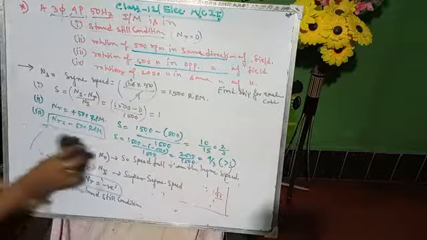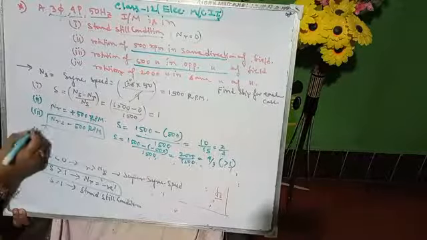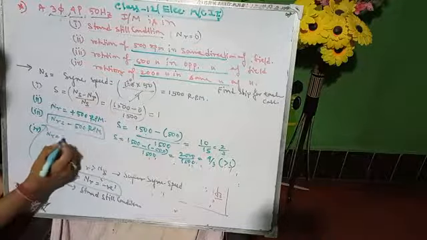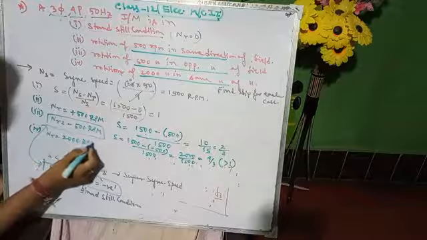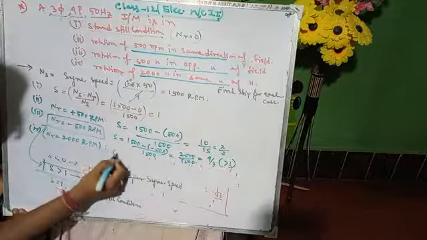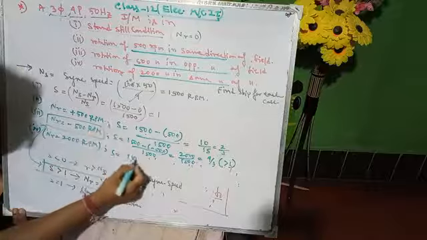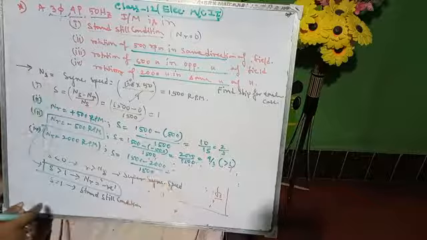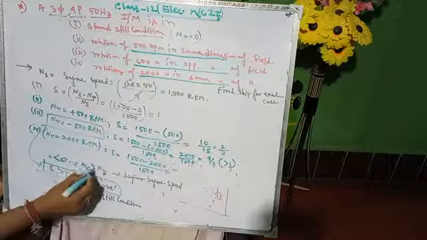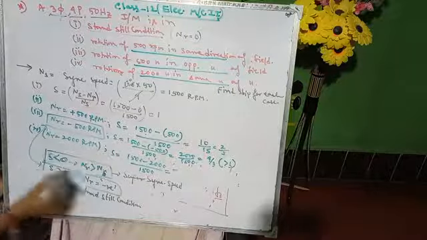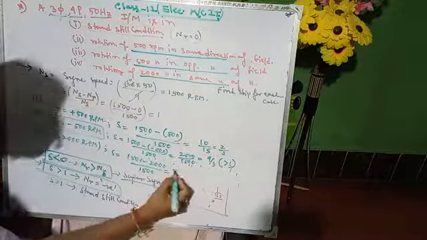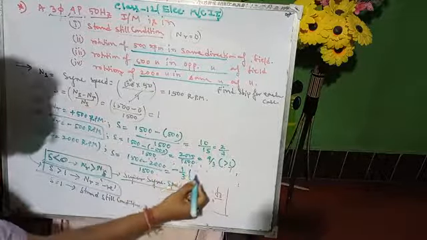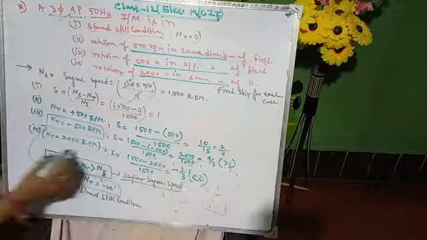Now the fourth case: rotation of 2000 rpm in the same direction, so nr equals 2000. Slip equals 1500 minus 2000 by 1500, that is minus 500 by 1500, which is minus 1/3. When slip is negative, nr is greater than ns, which is called super synchronous speed.